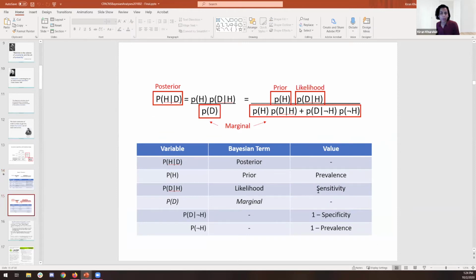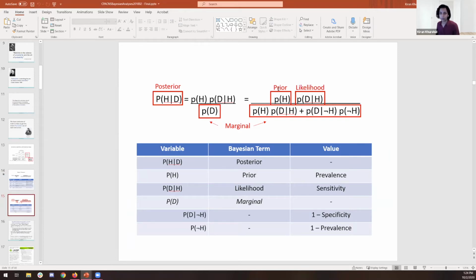So if we wanted to break this down and use terms that we're familiar with in psychology, we're basically looking at the prevalence or the base rate and the data itself. So the prior probability in this case would really be the prevalence, or like I said, the base rate of the condition.